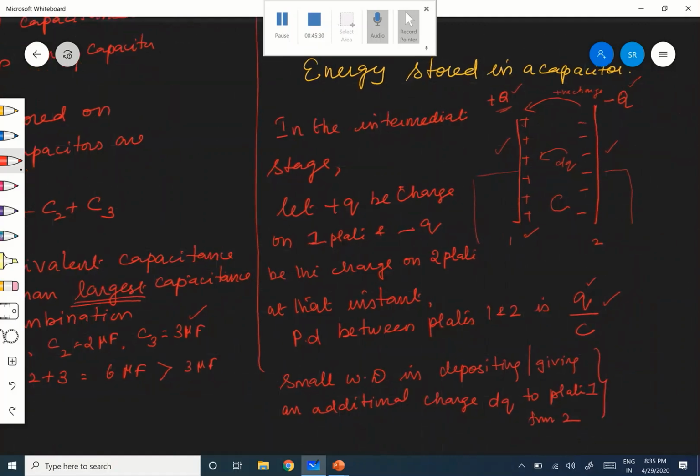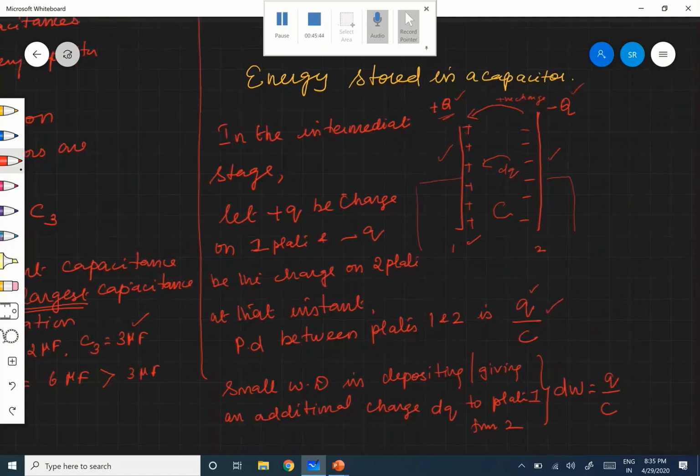That is dw. What is dw? You know the potential difference is q by C. Potential difference into how much charge I am adding? dq. This is the work done. Hope you are following. q by C is nothing but V, and V into charge is work done.